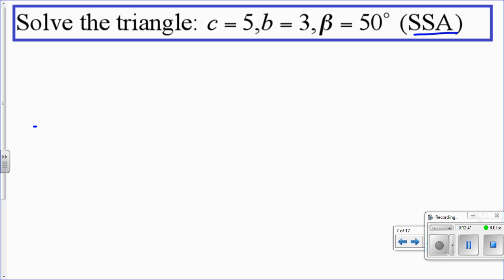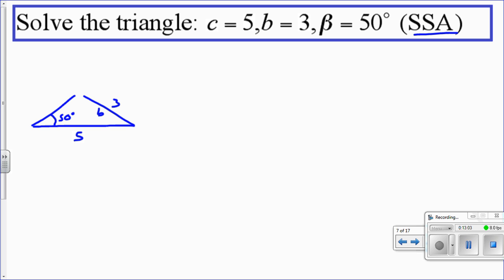side C being 5, side B being 3, and then we see that if this is side B, angle beta is over here, being 50 degrees.